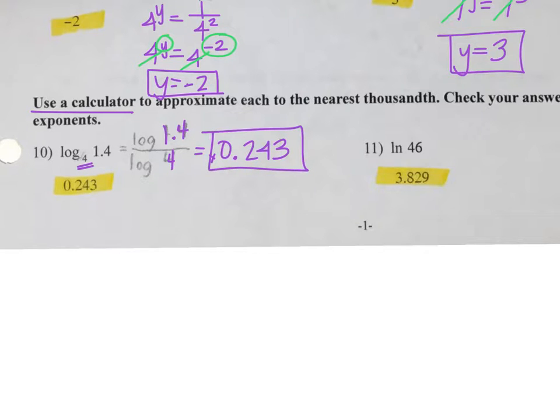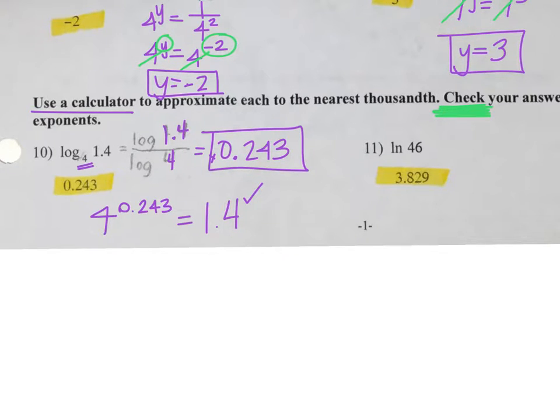That is officially your answer, but notice I've also told you that I want you to check your answer. So remember, to check it, you do the base, and this is the exponent, 0.243, and we want to make sure that that's somewhere around 1.4. And I am getting 1.4 or so in my calculator, so I know that's correct.